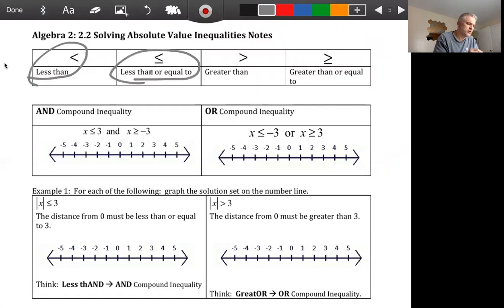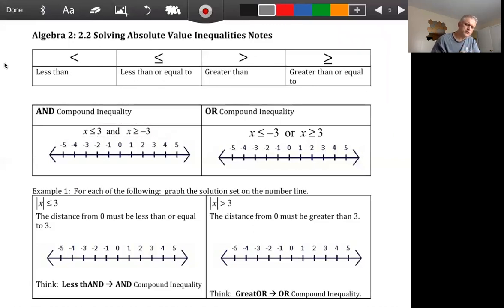Remember that the or equal to is dependent upon that little line underneath the alligator mouth. You've got greater than, and greater than or equal to, again with that little line underneath the alligator mouth, so that means it's equal to that amount as well. Okay, so let's graph this.